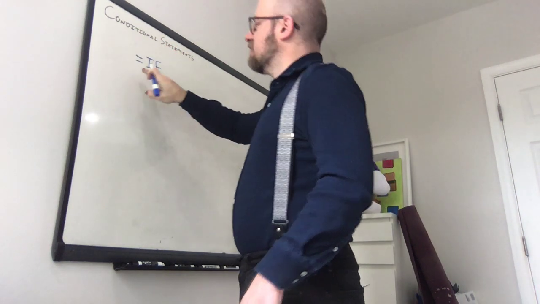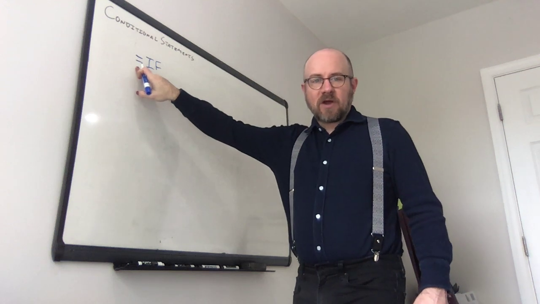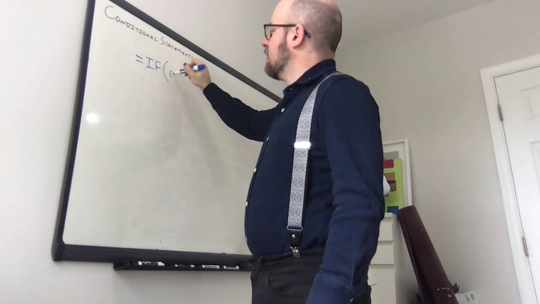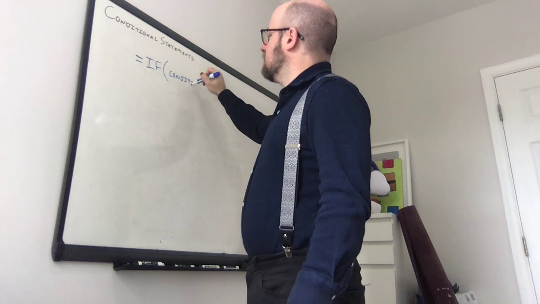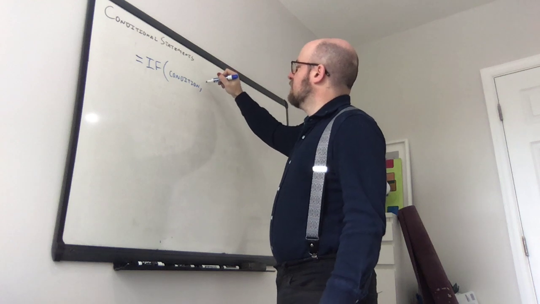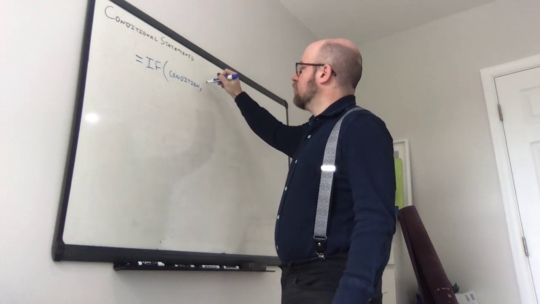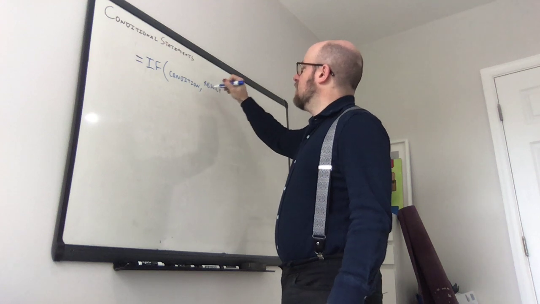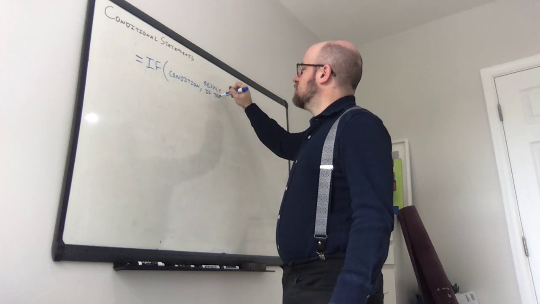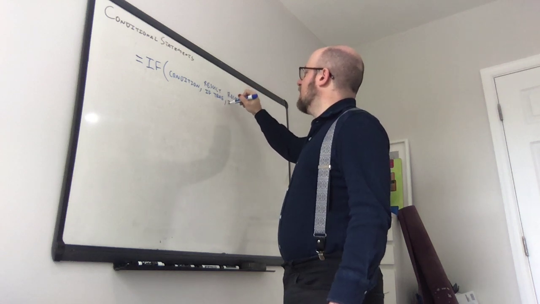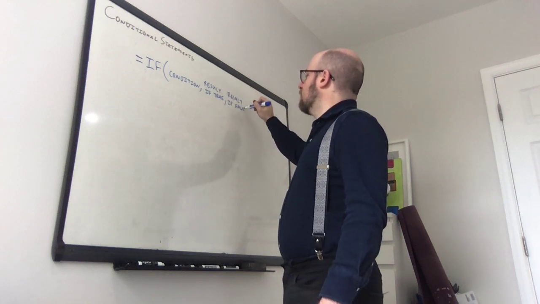So if you've used Excel before or any spreadsheet program, you write an equal sign and then you write some function. In Excel, the if function takes in a condition, and then it does one thing if it's true. So this is the result if that condition is true, and then another result if that condition is false.